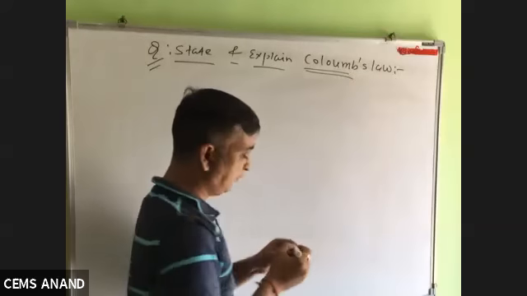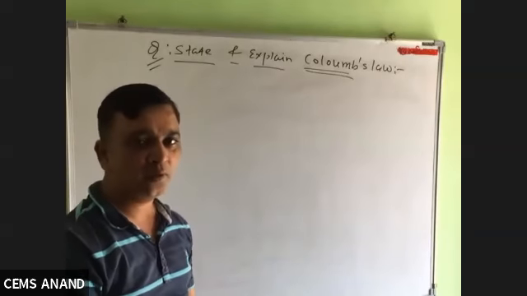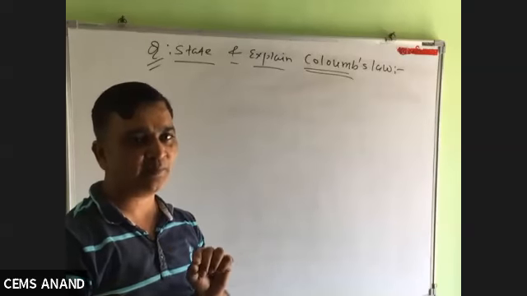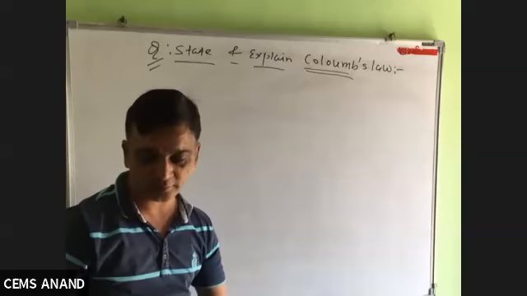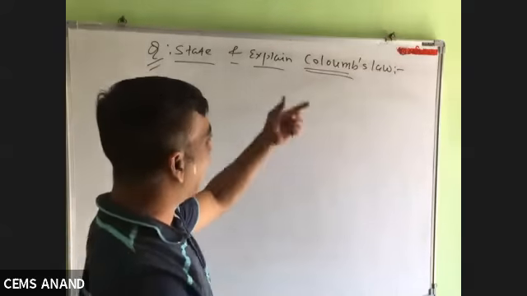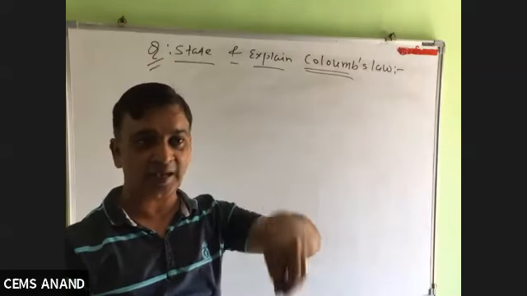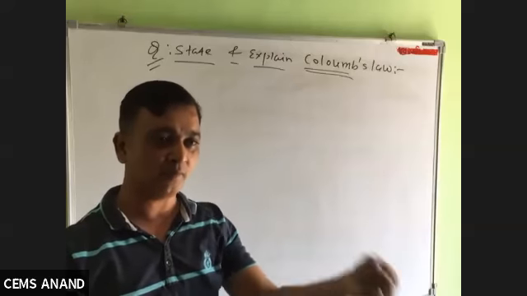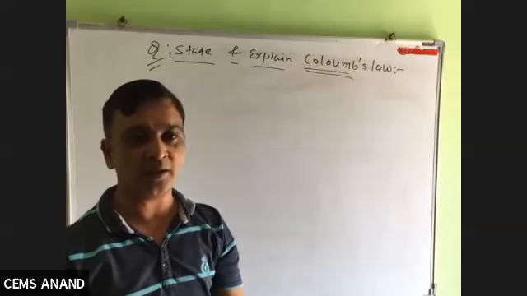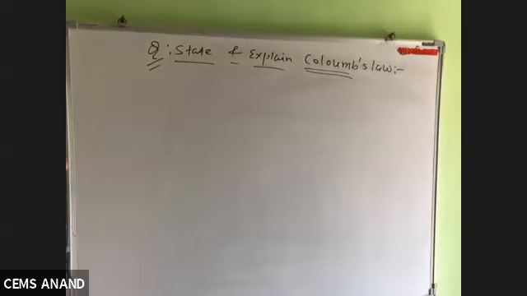This is a question which will definitely give you minimum 1 to maximum 3 marks in your external paper. It doesn't mean this exact question will be asked, but some type of question, like a 1 mark question, a numerical or direct theory, will be asked from this topic, Coulomb's law.